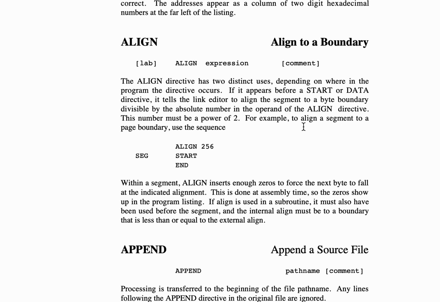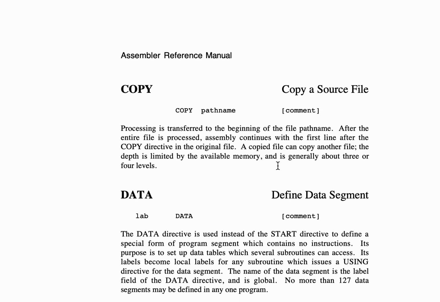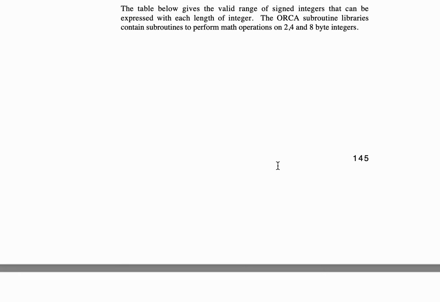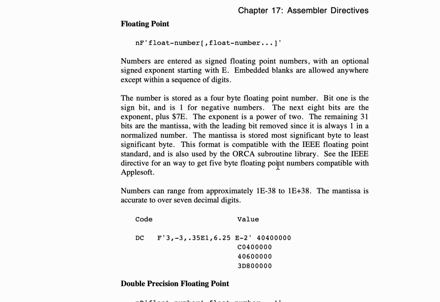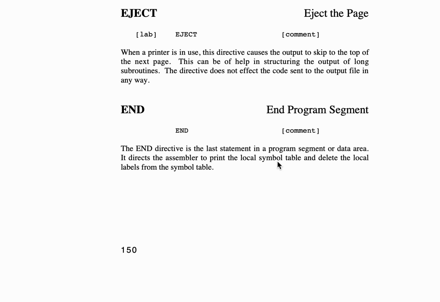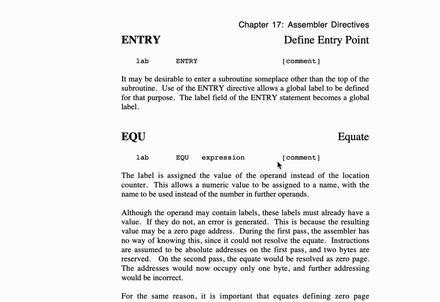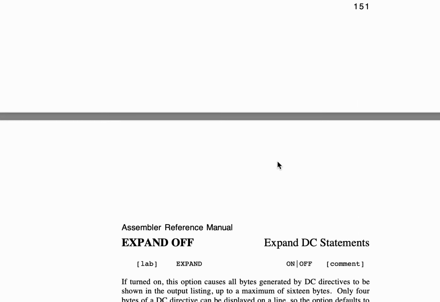Oh, it looks like it has to be outside of a segment. Okay. I'm just making sure there's nothing else that I was thinking of. I'm pretty sure that align directive is the one I want though, but okay.